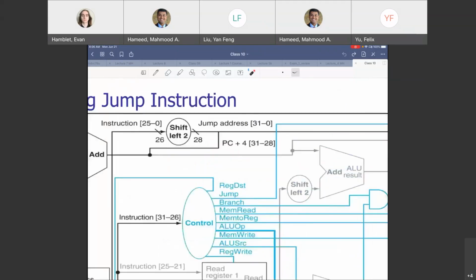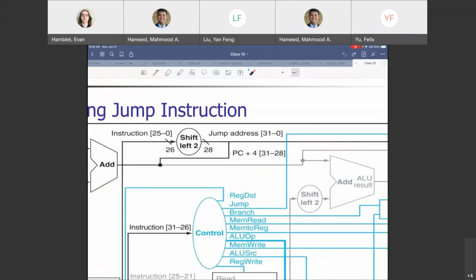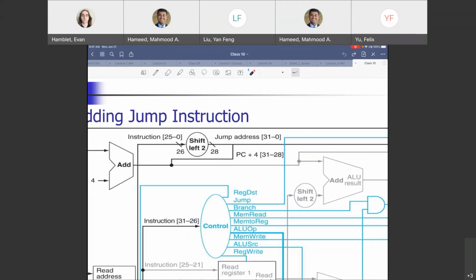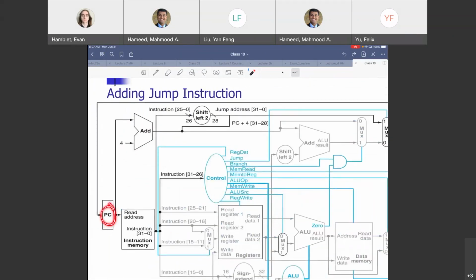How are we including jump? Remember, there are 3 types of instructions, R, I, and J. Jump falls in the category of J-type instructions, which have only one format. What is that? A 6-bit opcode field followed by a 26-bit address. So that address, which is the least significant 26 bits, is right here. What you're doing is you're looking at the program counter, you're accessing the instruction memory.